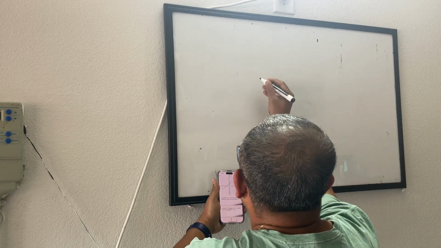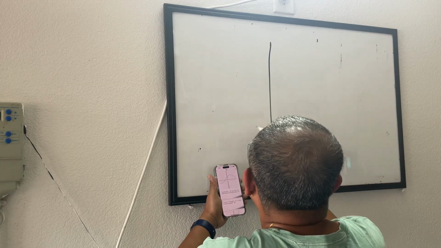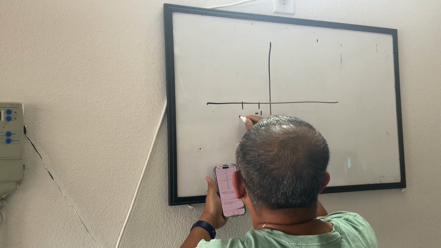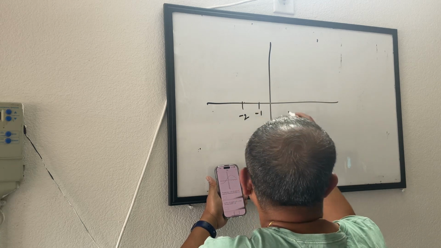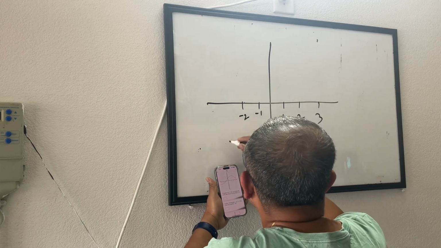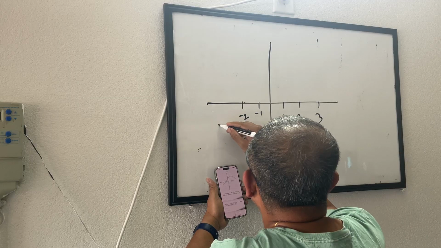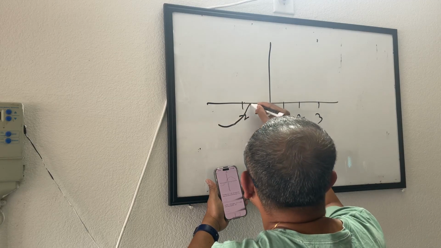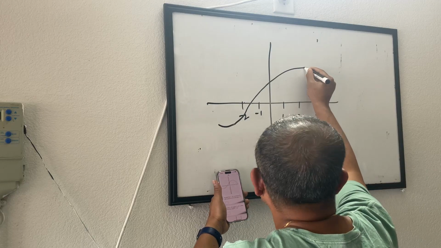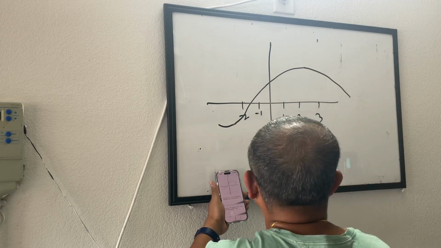Okay, I have another graph. -1, -2, 1, 2, 3. My graph goes from here, touches, and goes here.